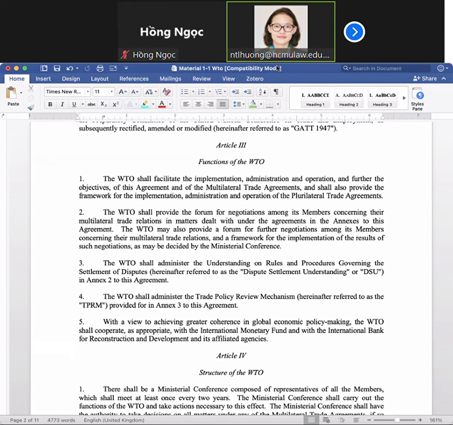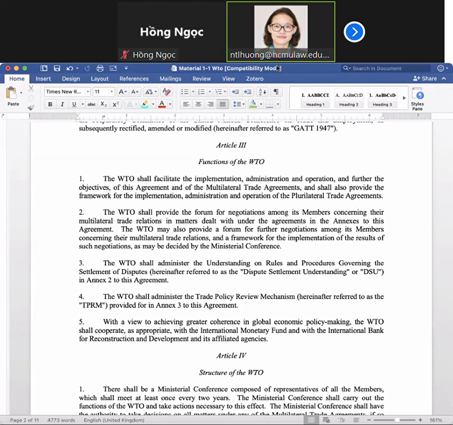And if those policies have been changed, what kinds of effect may they bring to world trade, and to trade between different partners, is also very important. And the WTO requires its members to do the trade policy review maybe every 2 years, and so on, for different kinds of economies, depending on how developed they are or how those economies may affect world trade. And this is the fourth function.